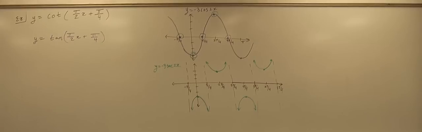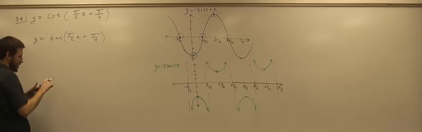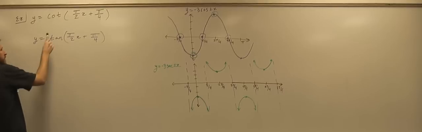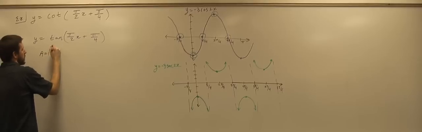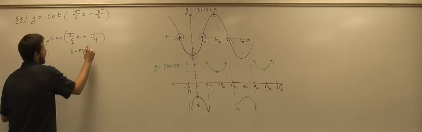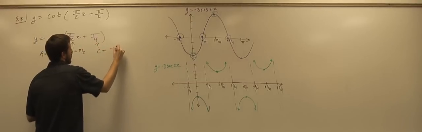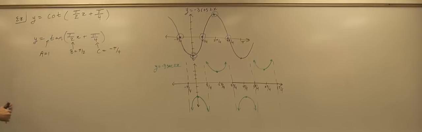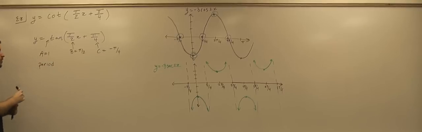How do we graph this? ABC. So A is 1, right? Because there's nothing in front, so you imagine a 1 there. B is pi over 2. And C is negative pi over 4. And for tangent, what's super important is the period and your new 0, where your 0 moves.